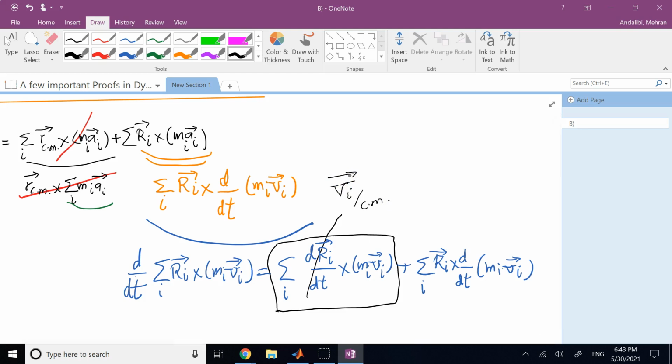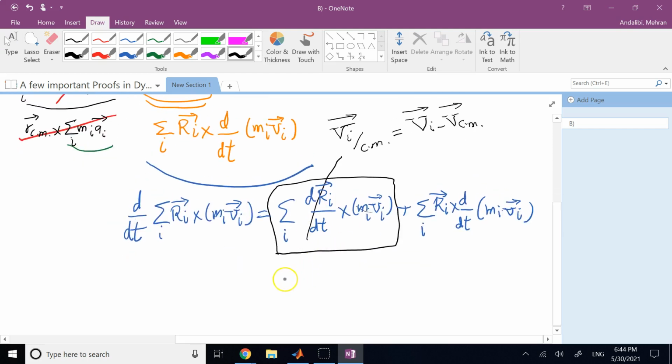And now the question is, this vi with respect to the centroid means what? It means vi minus the velocity of the centroid. That's the definition of relative velocity. So I can replace that with vi minus vcm. If vi sits here, clearly vi cross mvi is 0. The question is, what happens to this vcm?